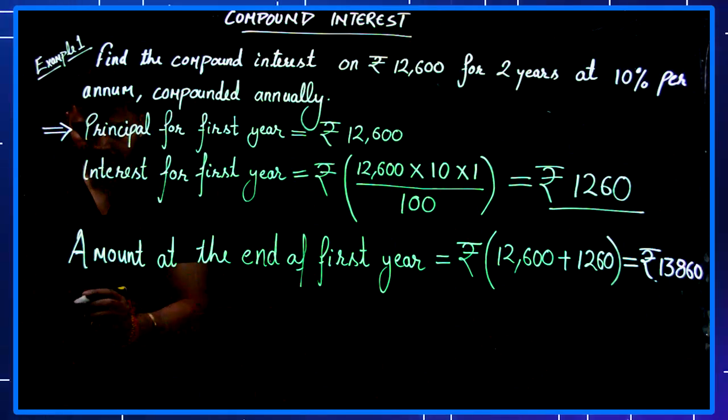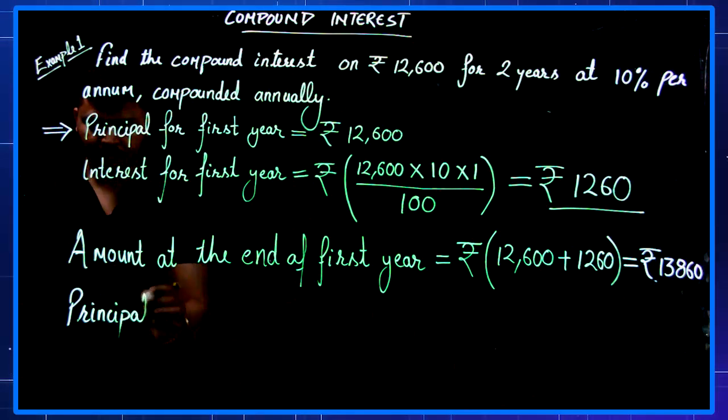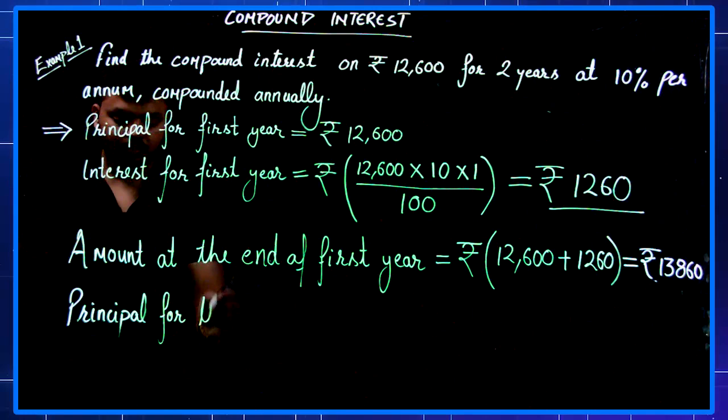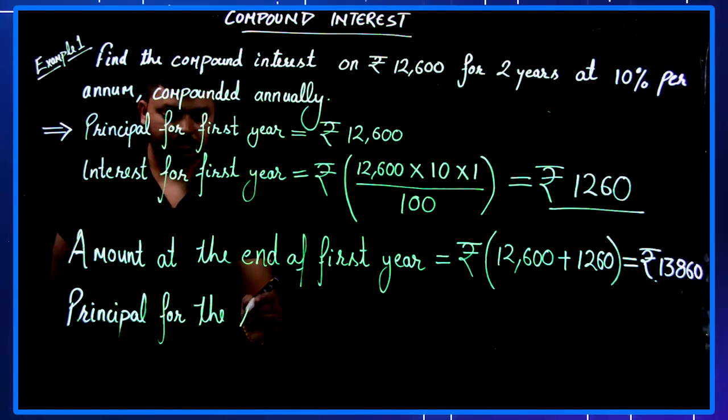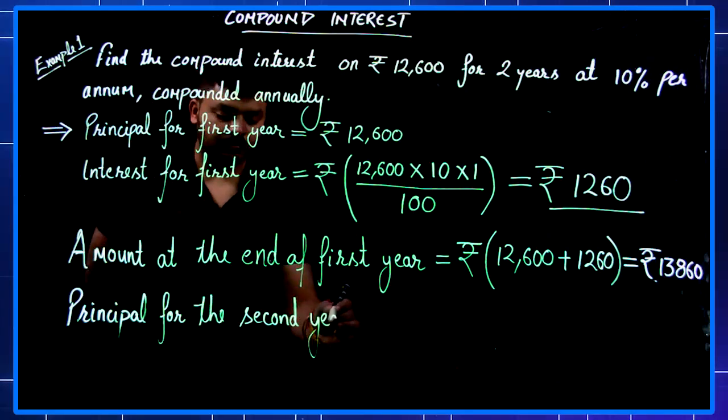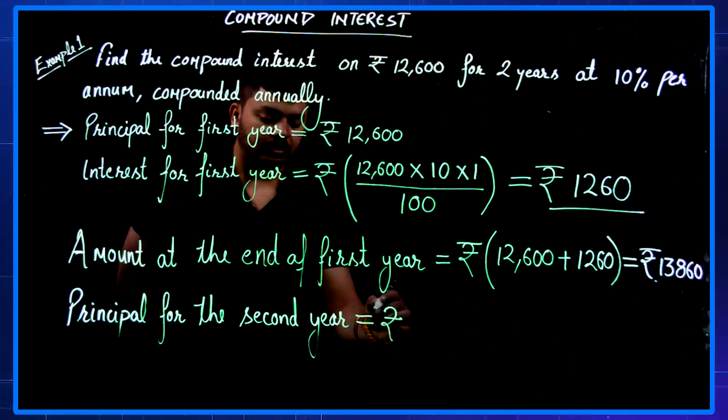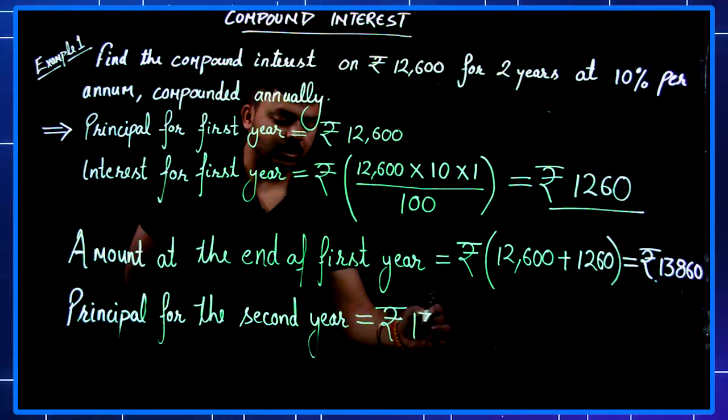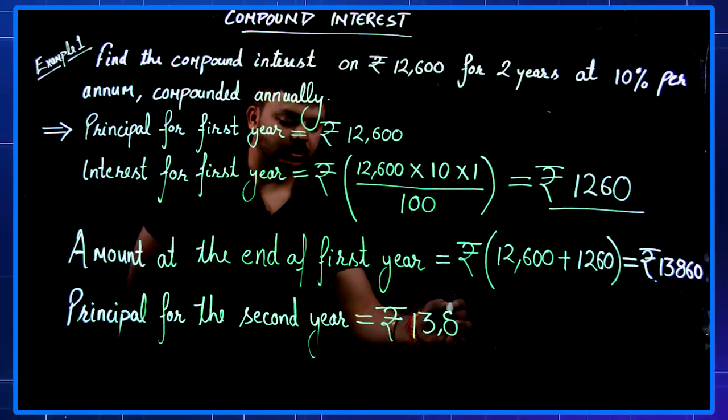So now principal for the second year equals rupee 13,860.